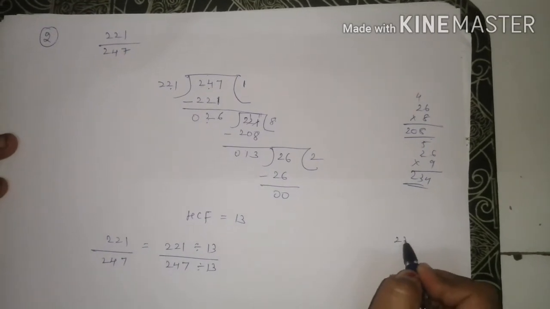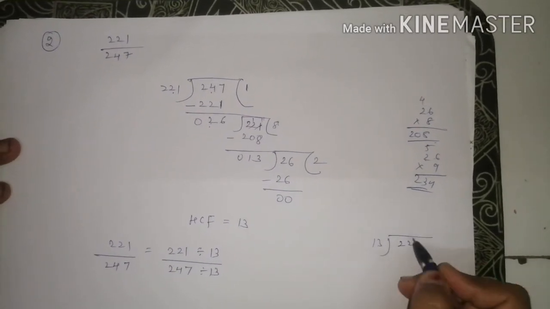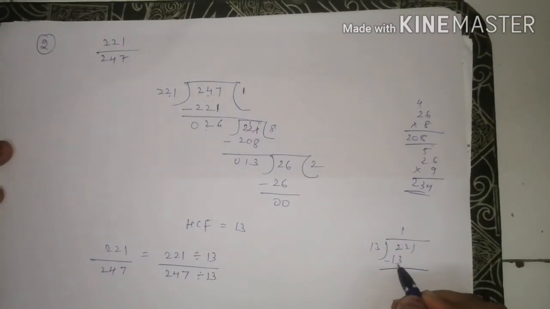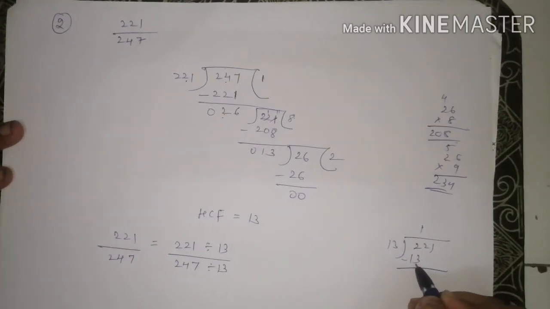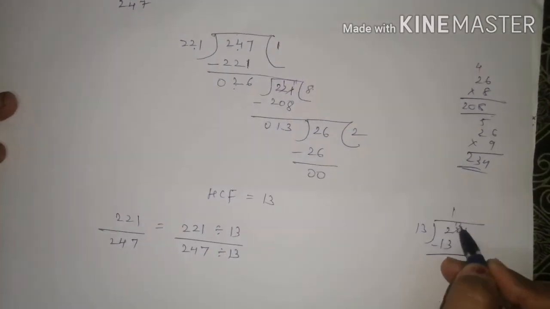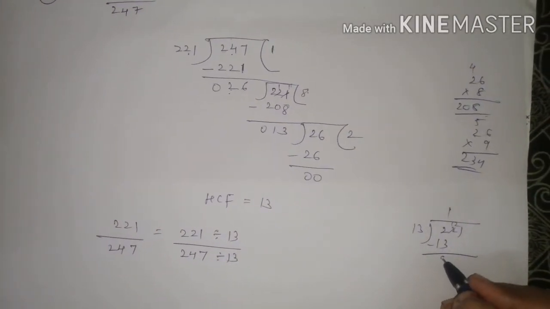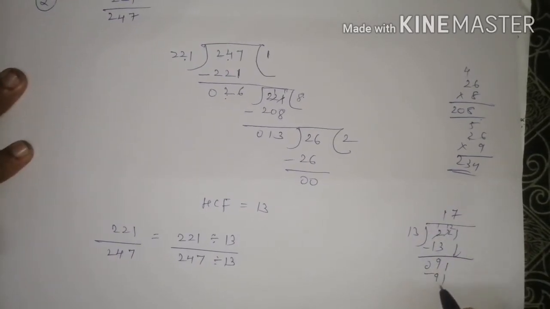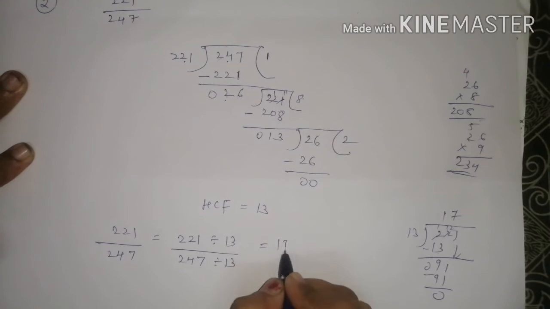So 221 divided by 13. 13 ones is 13 only. 13 twos are 26, will be more. If you subtract, 22 minus 13, 12 minus 3 is 9. Take this 1 down. 13 sevens is 91. So we got 17.